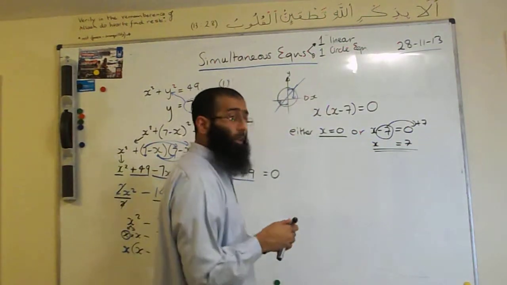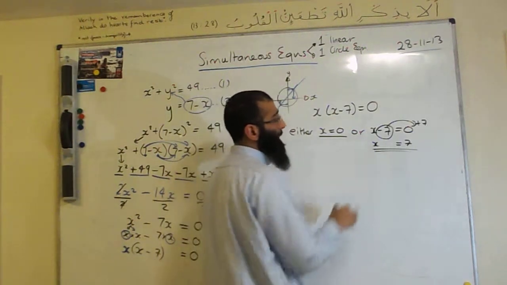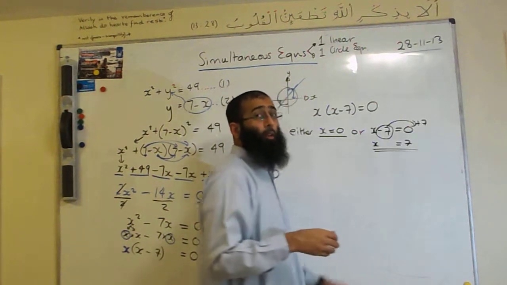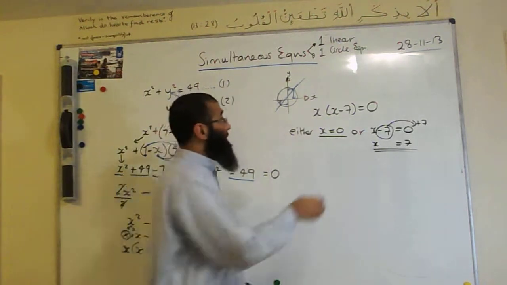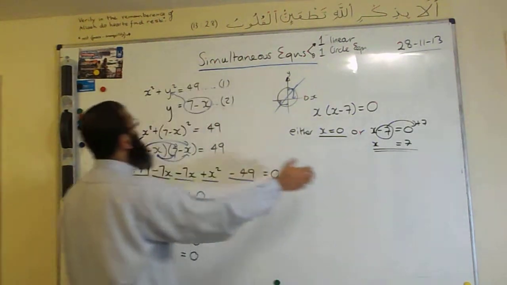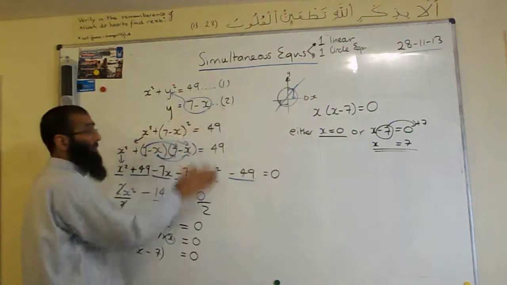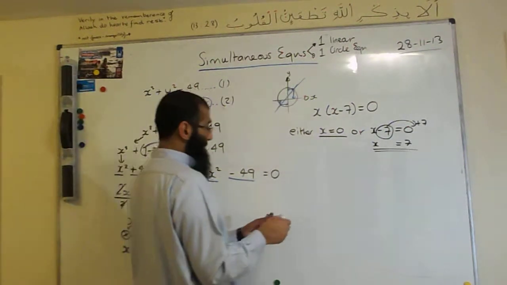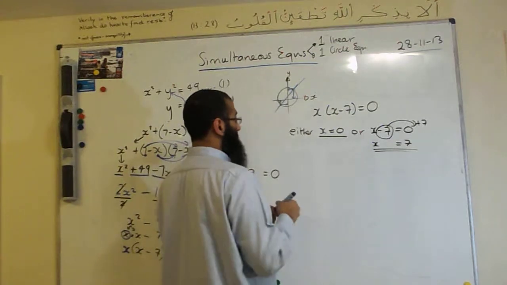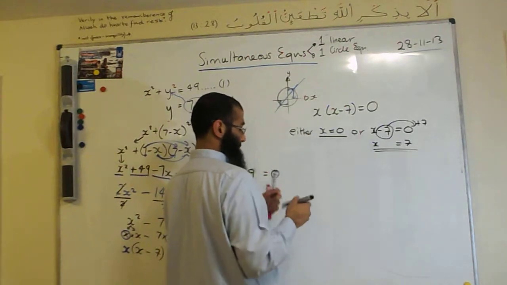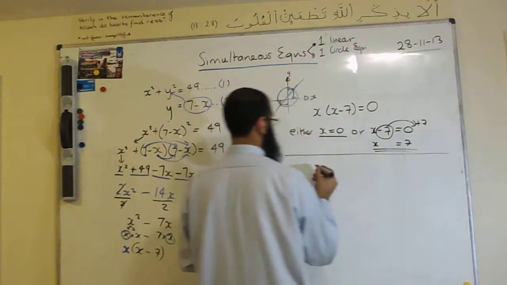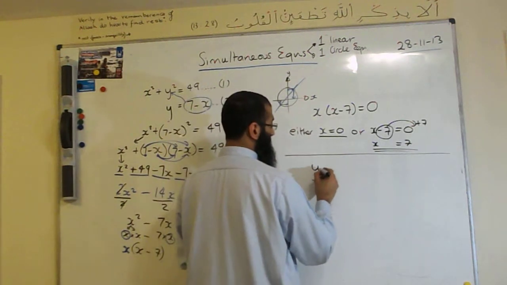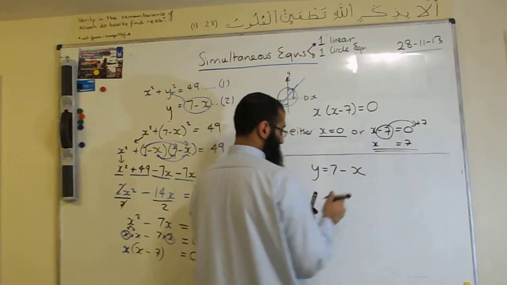Okay. So what we got here, we got 2 values of x. Now we need to find out the corresponding values of y. So we have to now substitute these 2 values of x back into this equation number 2 to work out the value of y. So let's do that now then. So we say y is equal to 7 minus x.